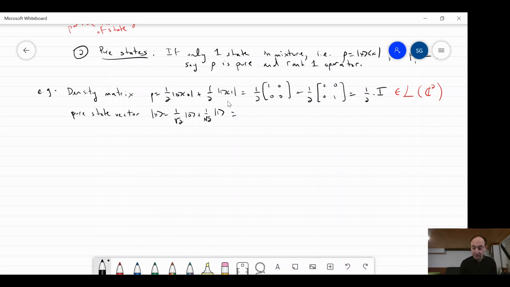And what is this thing? Well, we've already said that this is equal to 1 over root 2 times (1, 1), which is just the plus state. And now where does this thing live? Well, it lives in C2, right? It's a vector. It's not a matrix, right? So do compare this expression with this one. See, we're missing the bra, right?